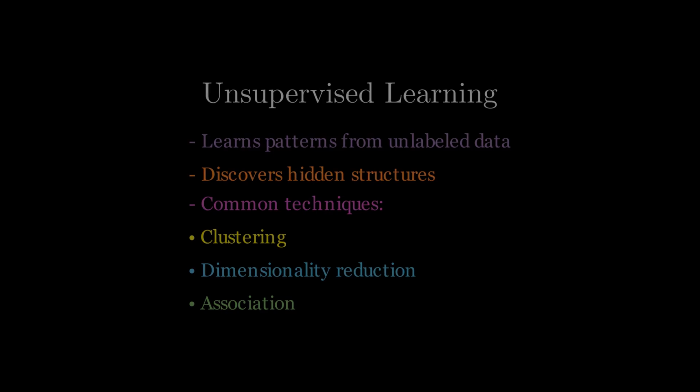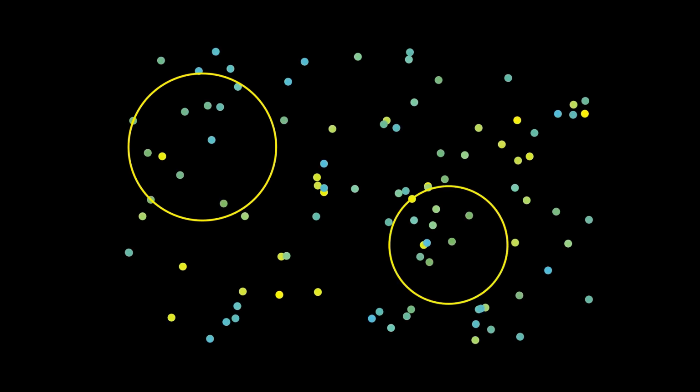Now let's continue to the example. The white dots you see here represent data points scattered in an arbitrary two-dimensional space. Then the dots are going to be colored. What this means is that the algorithm is grouping similar data points, and the yellow circles that you see right here highlight different clusters, showing that the data points within each circle belong to the same group based on some similarity.